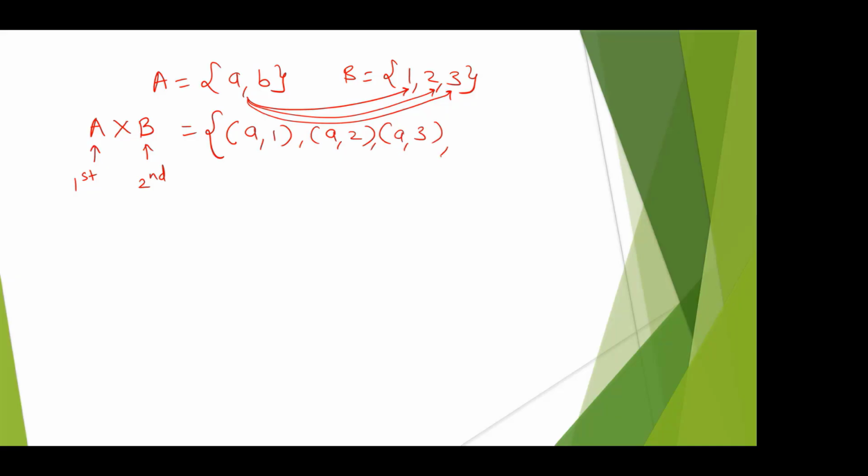Those are all possible ways in which we can combine the elements such that the first element is A. Now, how about if the first element is B? Again, B can combine with 1, 2, and 3. That will give me B1, B2, B3.